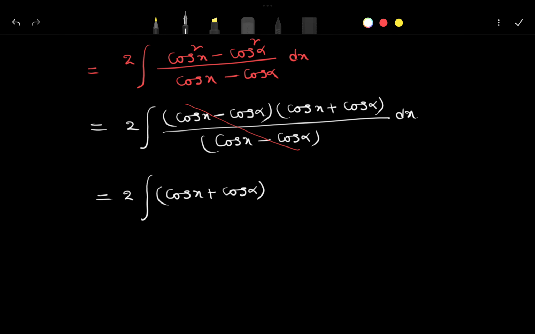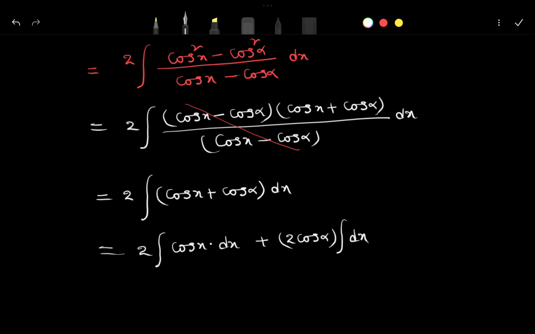Now after this, you can split this value: it equals 2 into the integration of cos x dx, plus 2 into cos alpha into the integration of dx. Why separately taken as 2 cos alpha?